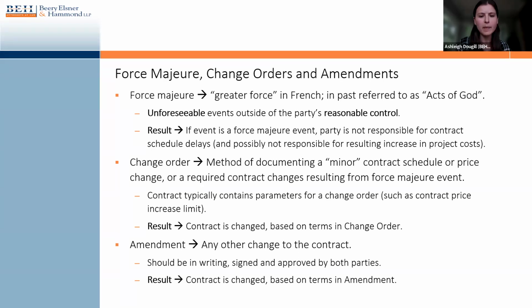So anytime it's not a minor contract schedule or price change, or if it's a change to the material terms of the agreement itself, then it needs to be an amendment. Amendments have to be in writing, signed and approved by both parties, and the result of an amendment is the same as the result of a change order. It just means that the contract is changed based on the terms that are in that amendment.